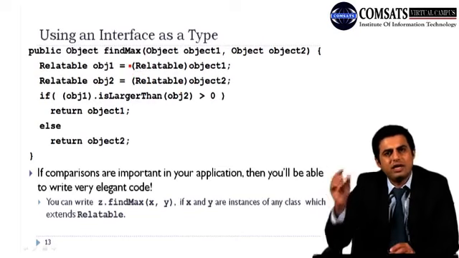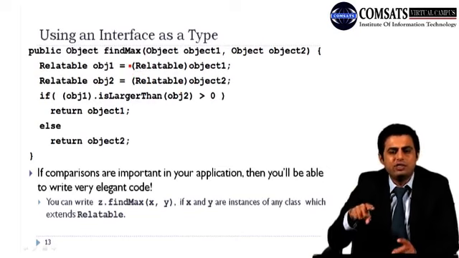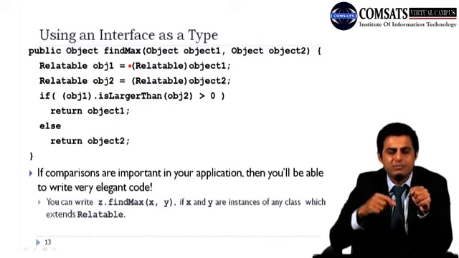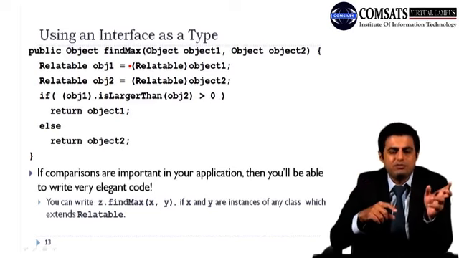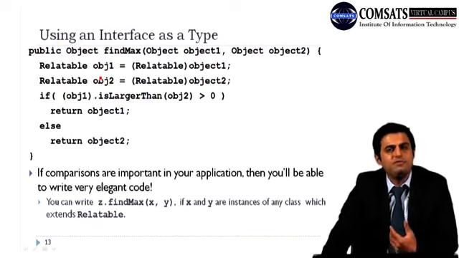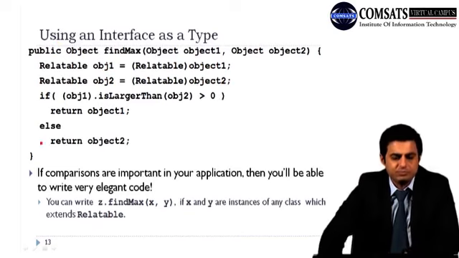If you are going to assign an integer to a float type, you can simply write float within parentheses, and the integer will be converted into a float, and then you can assign it to a float variable. The same kind of thing we are implementing here: we are typecasting object 1 and object 2, and assigning them to other variables, object 1 and object 2, which are of type Relatable.